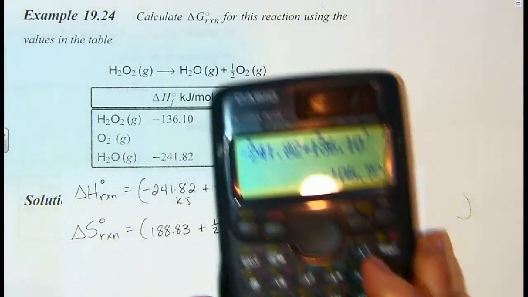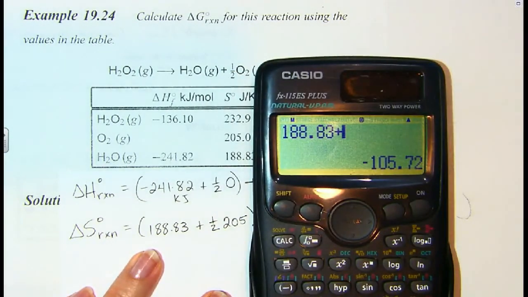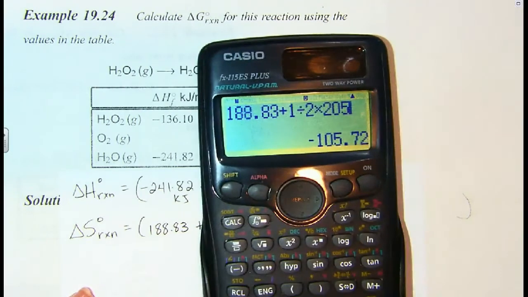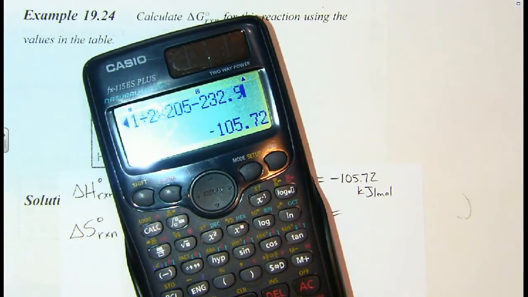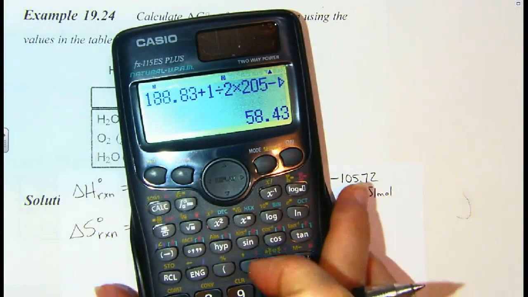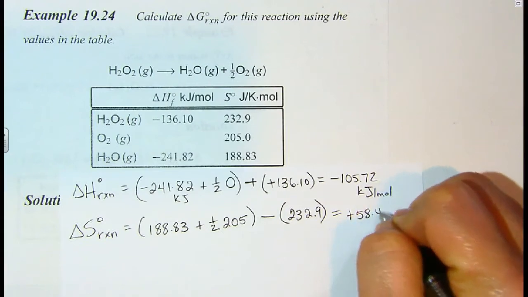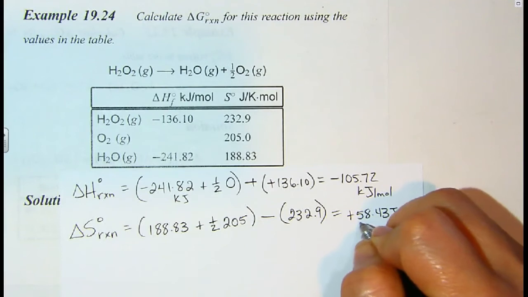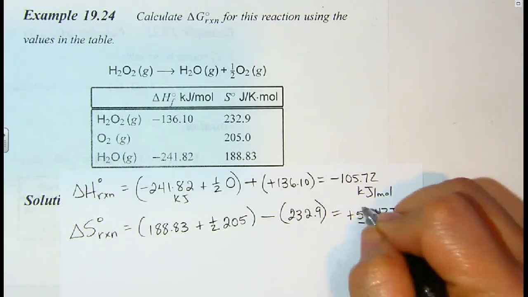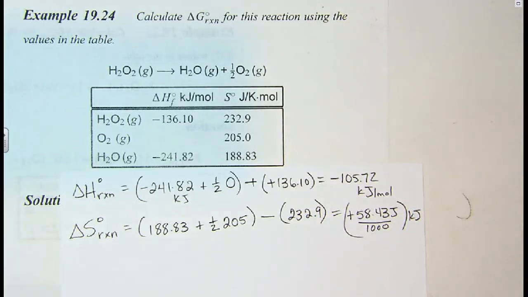So we have 188.83 plus 1 divided by 2 times 205, and then that is going to be minus 232.9. And I get a positive 58.43. Notice that's joules. In order to convert it to kilojoules, I need to divide by 1,000, and so this value divided by 1,000 will give me my kilojoules.